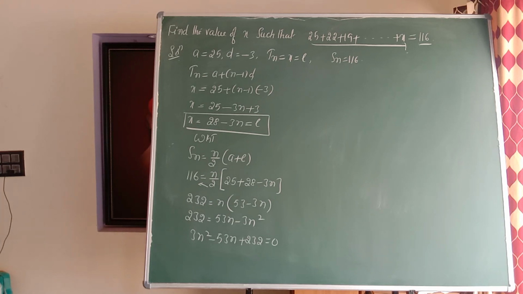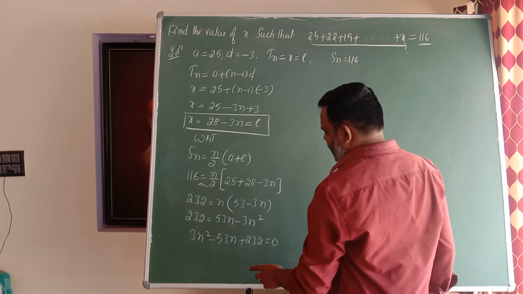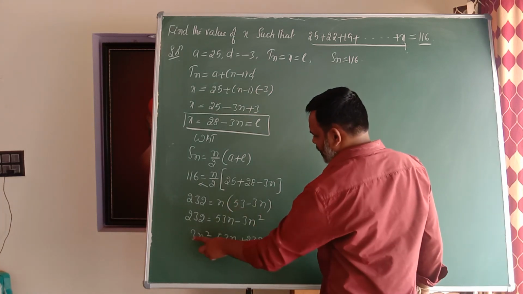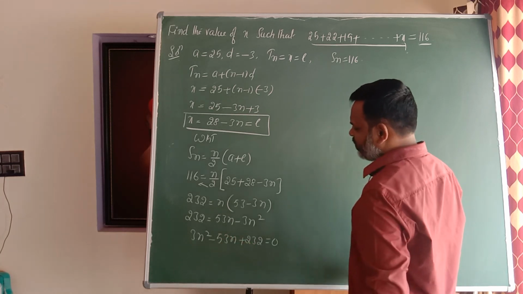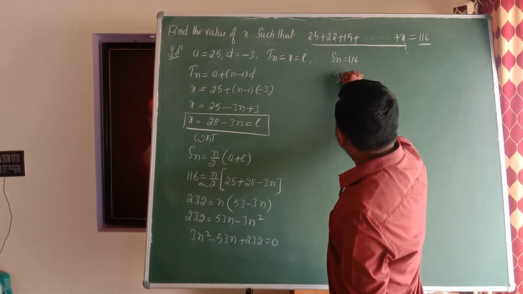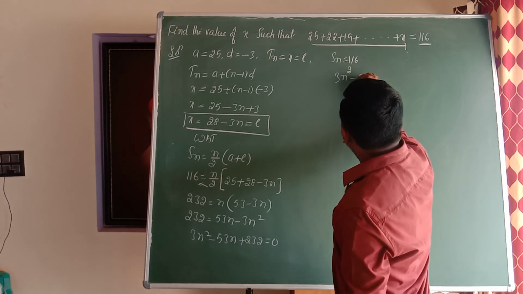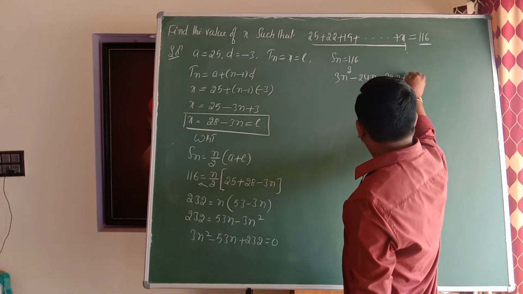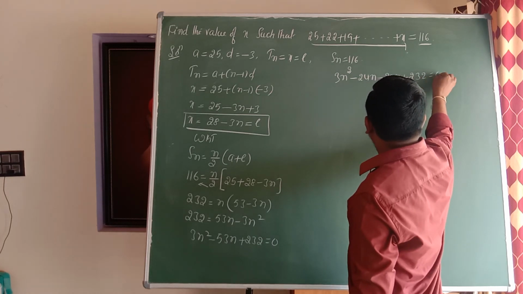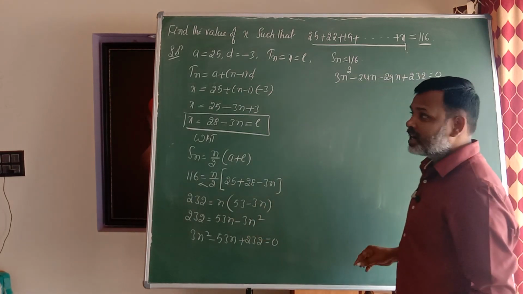How to factorize it? If you multiply the factors, you should get 3 into 232. If you add them, you should get minus 53. Therefore, I can write 3n square minus 24n minus 29n plus 232 is equal to 0. This is the factorization of the quadratic.